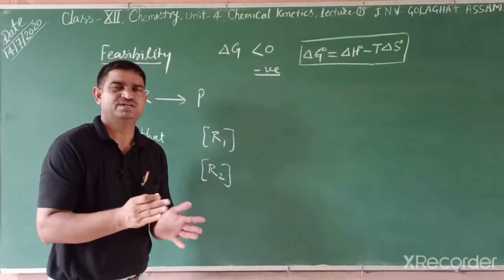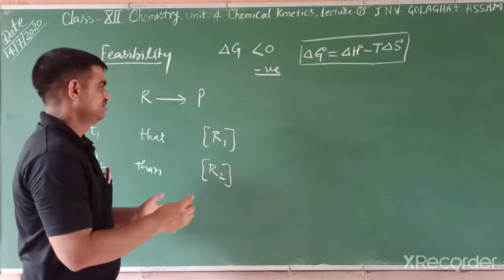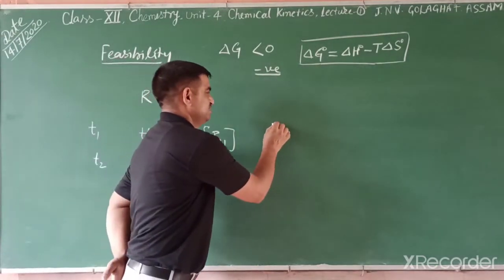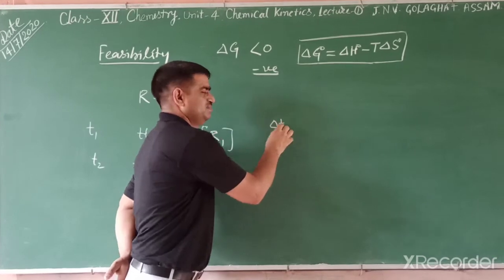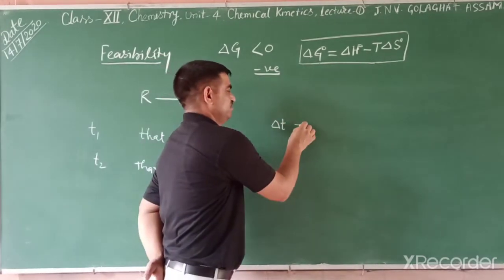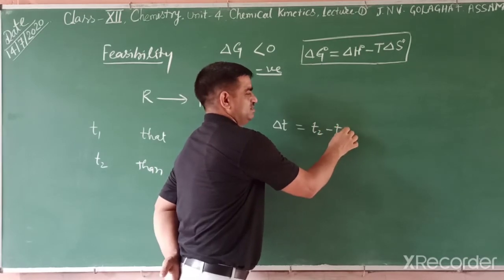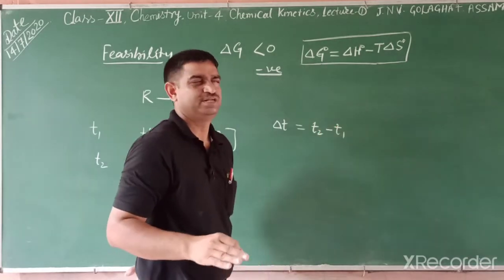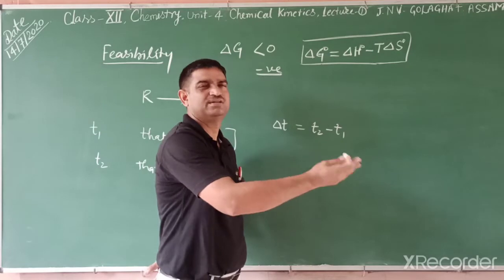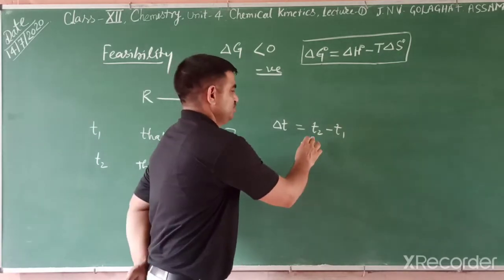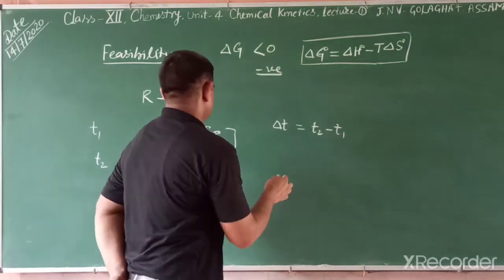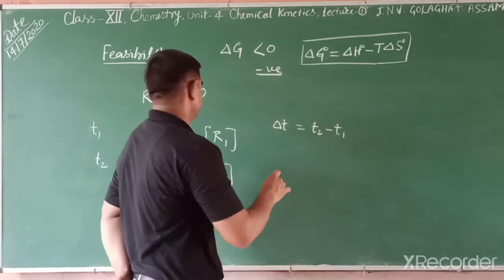So what is the change in concentration? How can we find it out? Delta T means the difference of time, which we can find out. T2, the final time, minus initial time T1. For a reaction we start now, after 10 minutes what do we observe? So T2 minus T1. And how can we find the change in concentration?